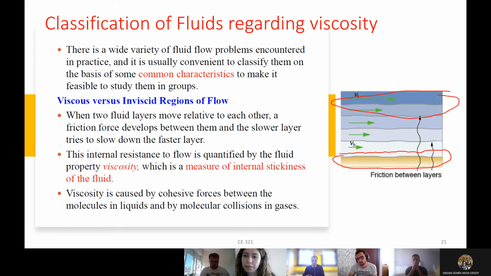So if you ignore viscosity here, I ignore what? Mu. What does it mean? If I ignore it, what will happen? I can say no shear stress also.